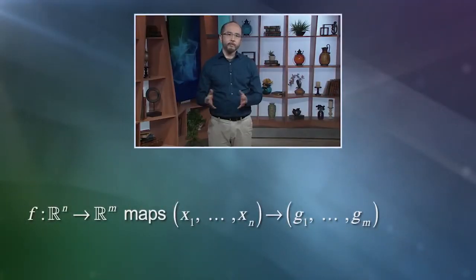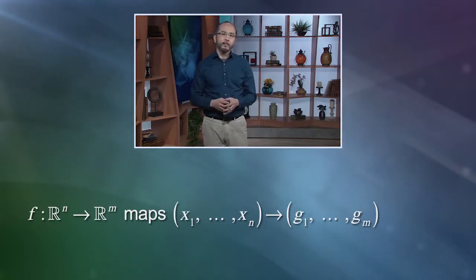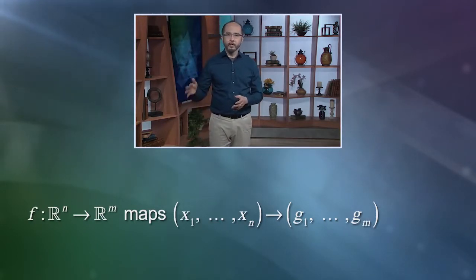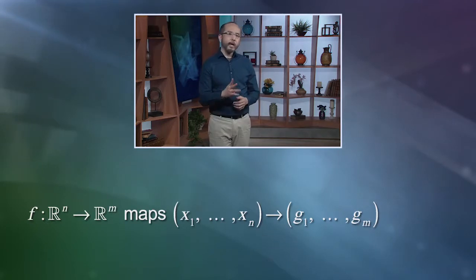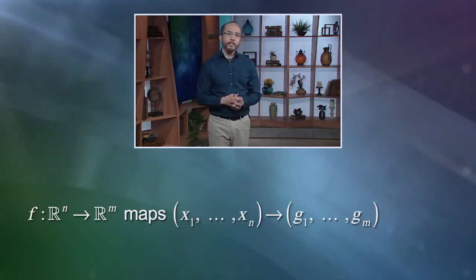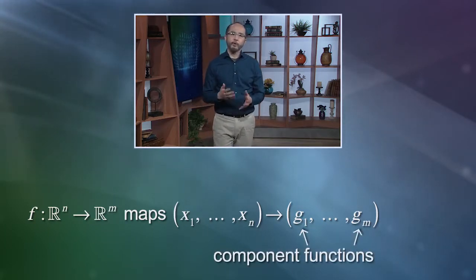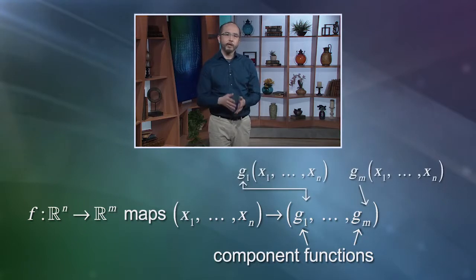We might express such a function as a function f from R^n to R^m that takes n input variables, x1 through xn, to m output variables, g1 through gm. Each of these g_i's are called component functions. And notice that the component functions are really functions of the input variables, but to save space, we usually omit writing them.